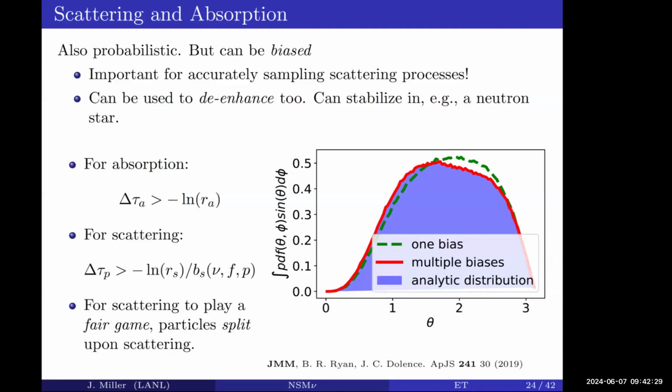You can also do this in reverse, where you say there's a process that is happening too frequently and it's causing problems, say because it's too expensive to track. This is what happens in the core of a neutron star with scattering. To handle this, you reduce the process of scattering to undersample that physics so that you can continue to run your simulation in finite time. This is what Francois, in his paper, called implicit Monte Carlo.